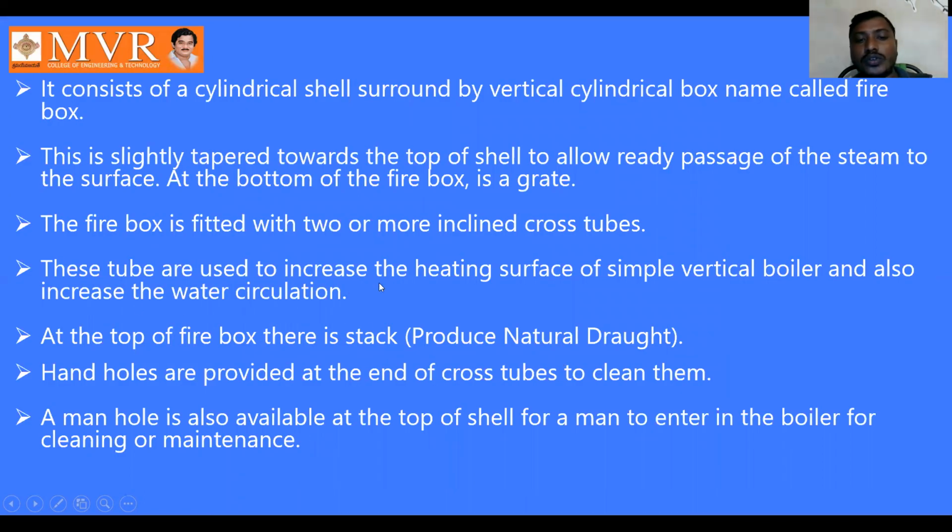These tubes are used to increase the heating surface of the simple vertical boiler and also to increase the water circulation. For increasing the water circulation and the heating surface, these tubes are used in the simple vertical boiler. At the top of the firebox, there is a stack.